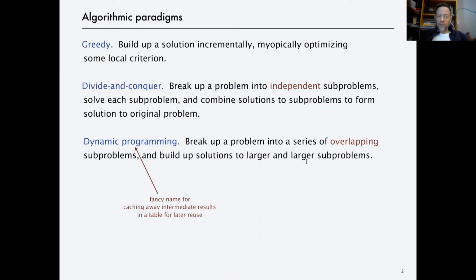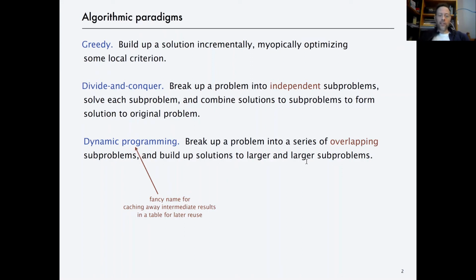So when we do this divide and conquer, very often what we do is that we need to solve the same sub-problem many times over and over again. And in order to deal with this problem, so that we only compute each sub-problem exactly once, we can use this technique called dynamic programming.